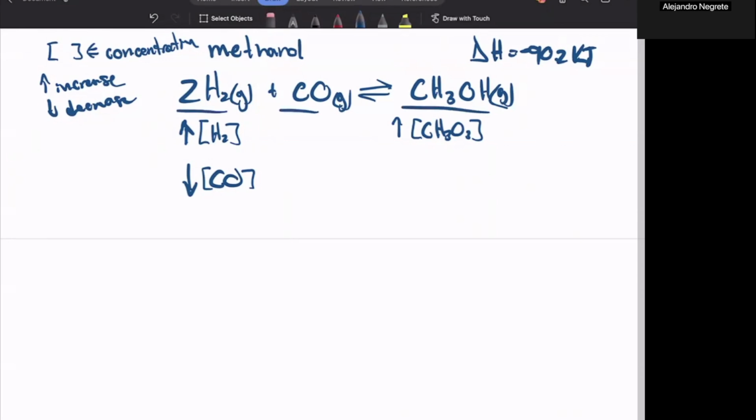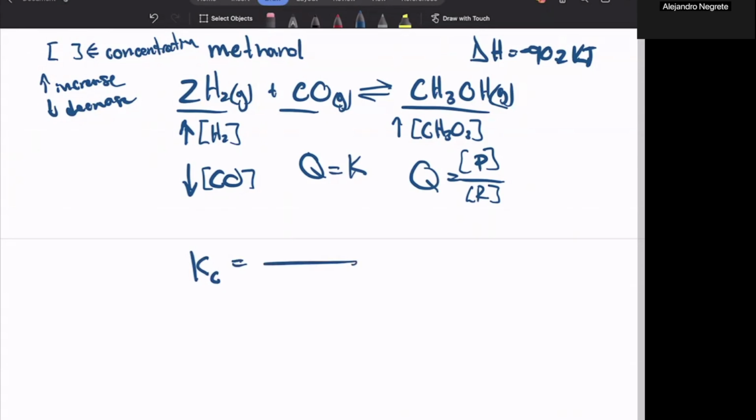Let's recall what we were doing in 13.2 when we were looking at Q equal to K. So when we were looking at Q, we had a formula where we wrote concentration of the products over concentration of the reactants. We're going to talk about what we call K sub C, the equilibrium constant for concentration.